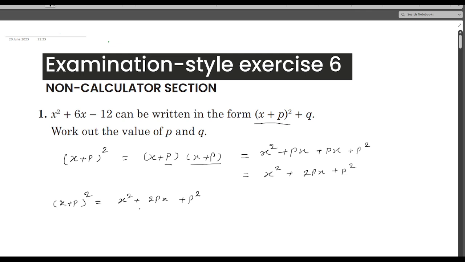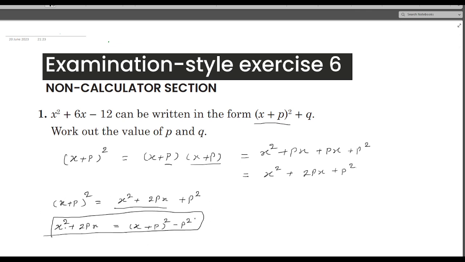Now if I rewrite this equation in terms of x square plus 2px, I will get x square plus 2px is equal to (x plus p) the whole square minus p square. So one intelligent move is that we will remember this expression: x square plus 2px is equal to (x plus p) the whole square minus p square.